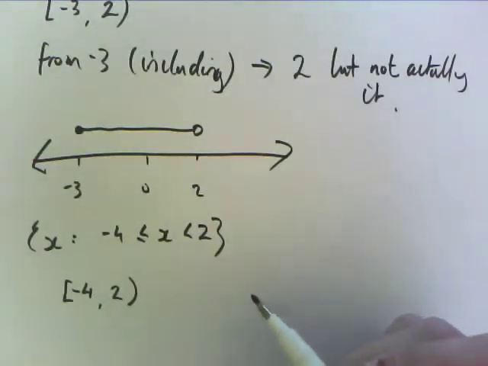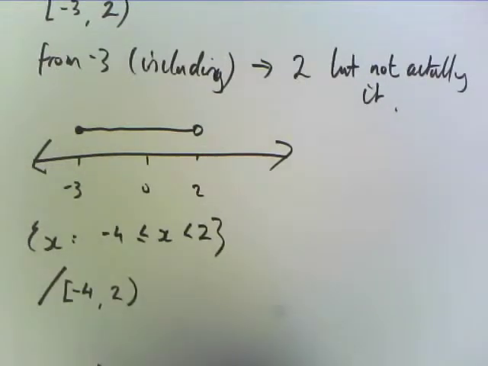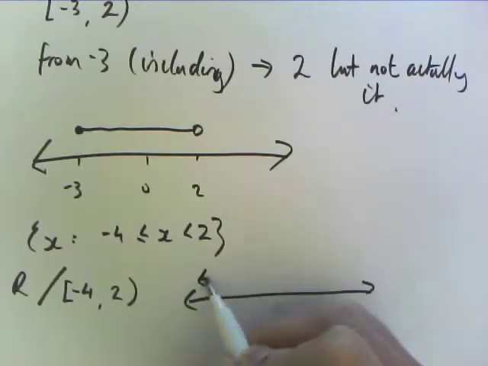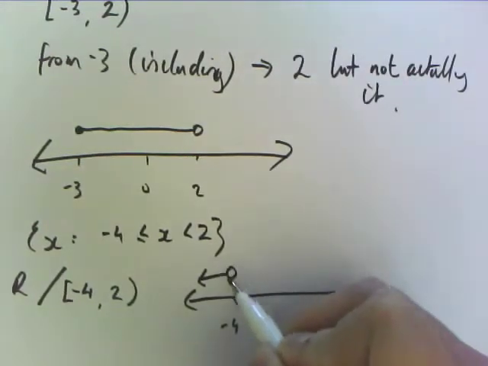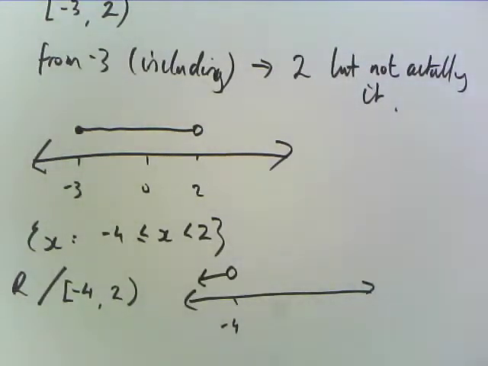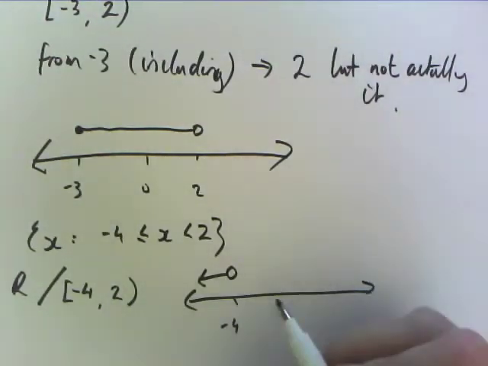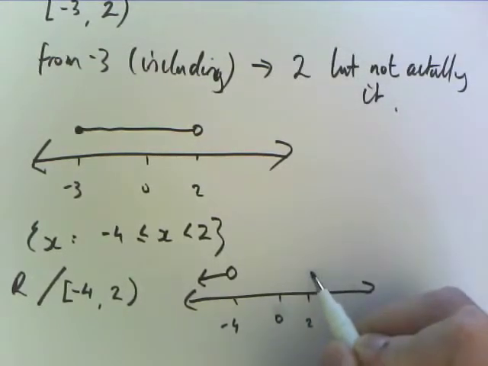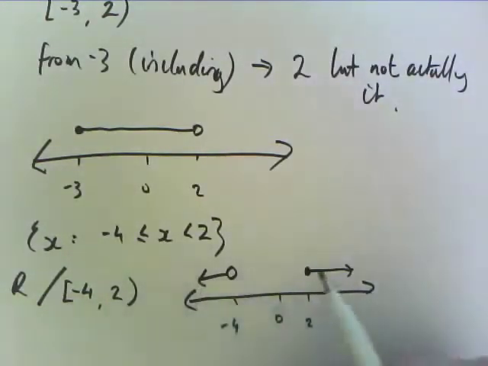But what it actually means, if this is an exclusion, if we're excluding from R the interval -4 to 2, what that would look like on a number line is we're going to come from this direction to -4, and we can't include -4 because it's in the section we're not allowed to have. And then we're going to go to 2, and then 0 will be there, and we're able to include 2 in our diagram because it's not included in our exclusion zone.